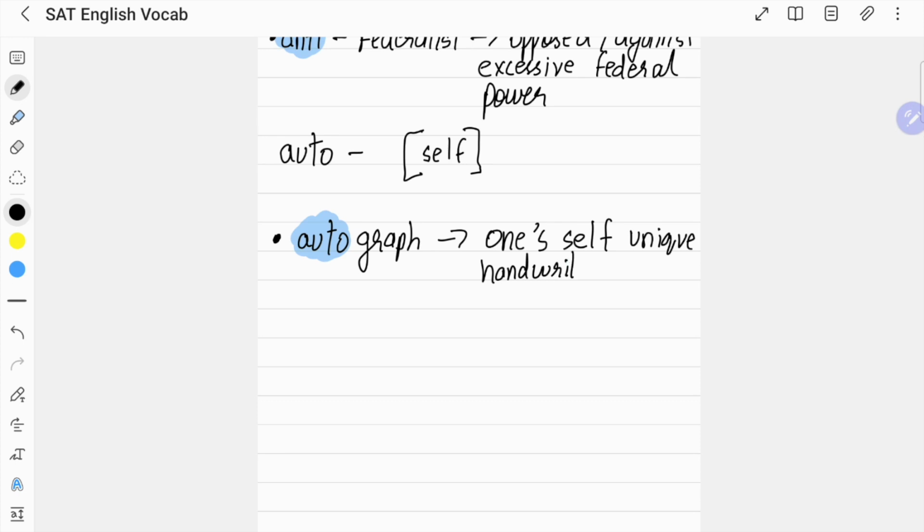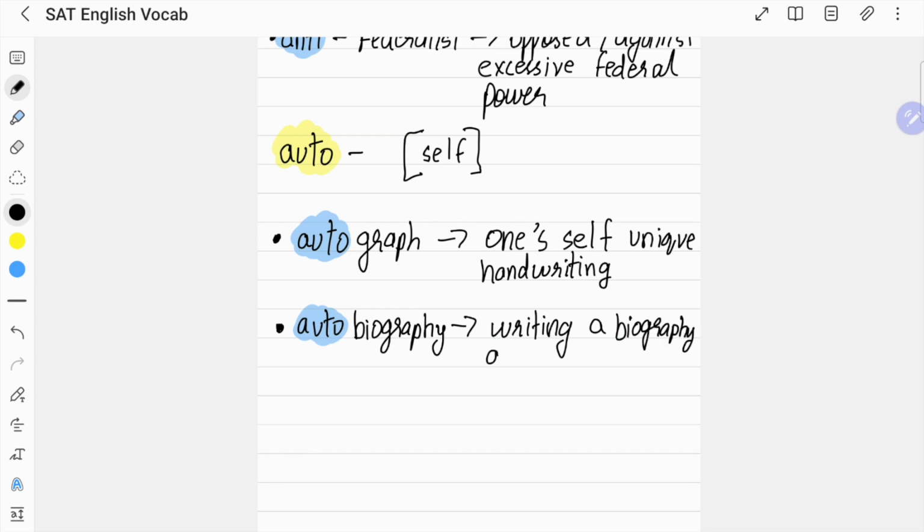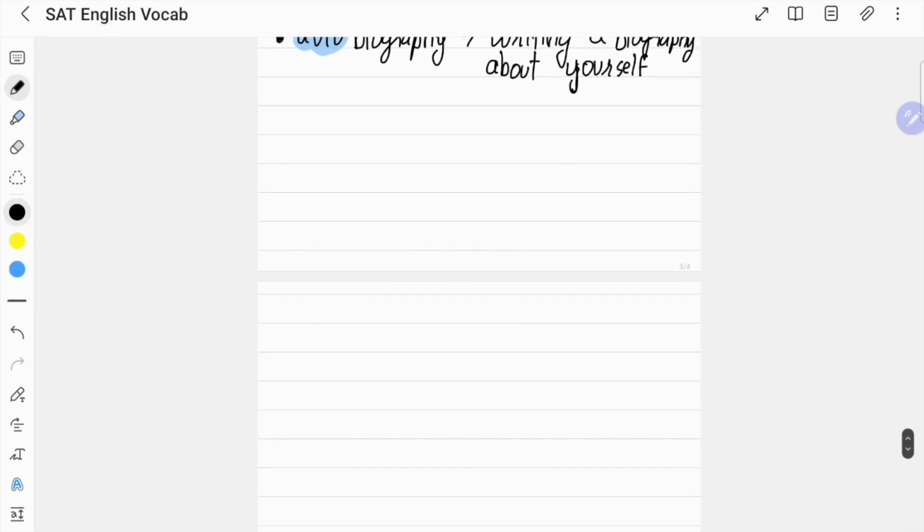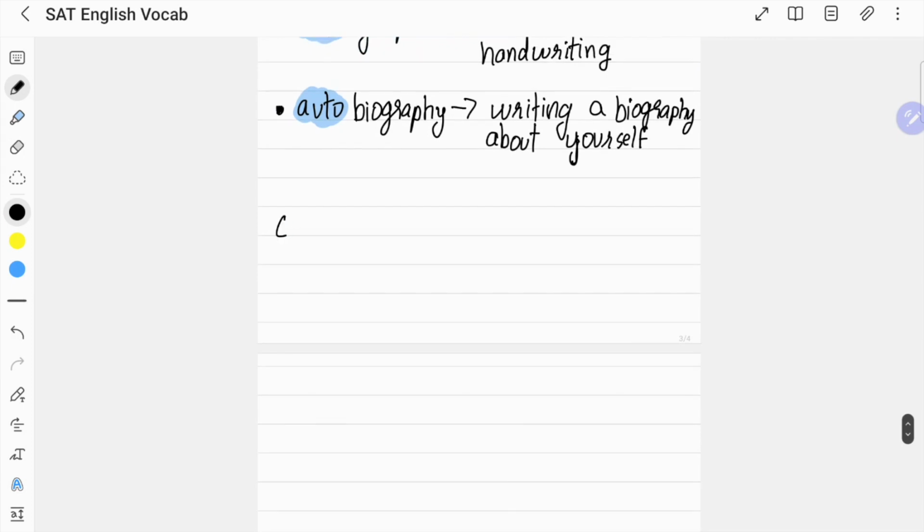We can take another word like autobiography. Here, auto is the prefix or the root word, which means writing a book or a biography about yourself.